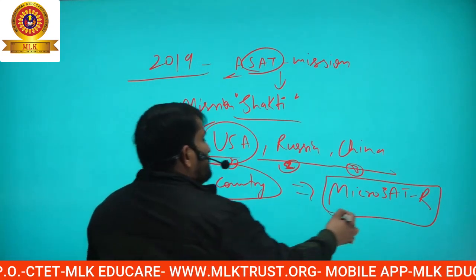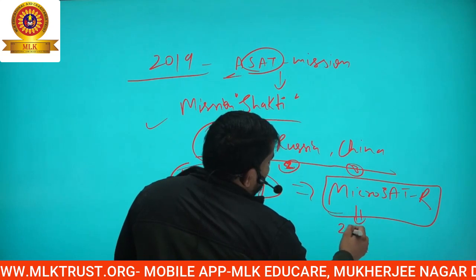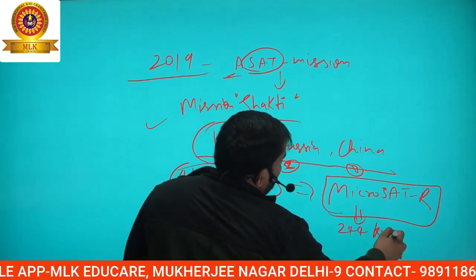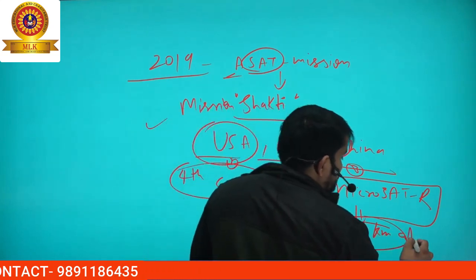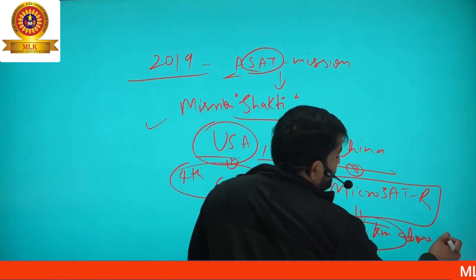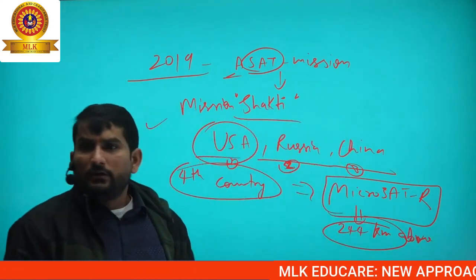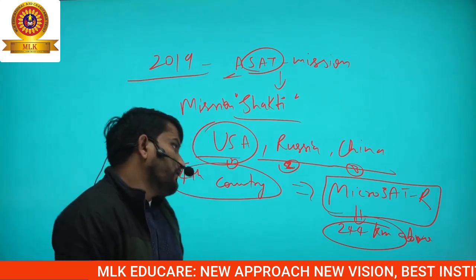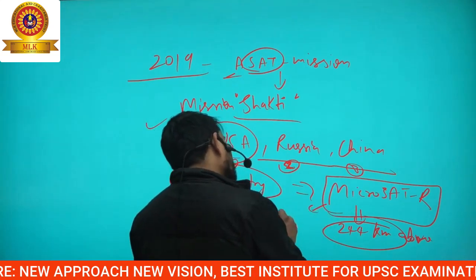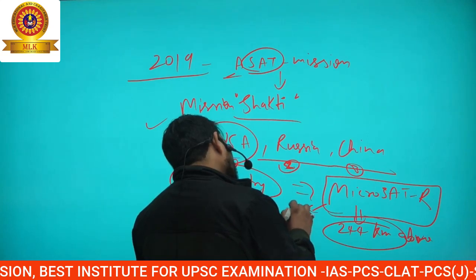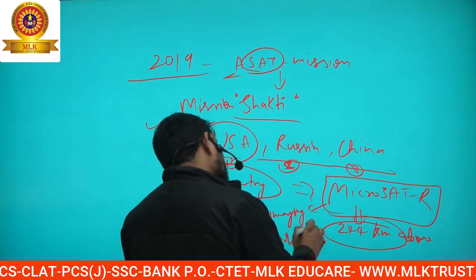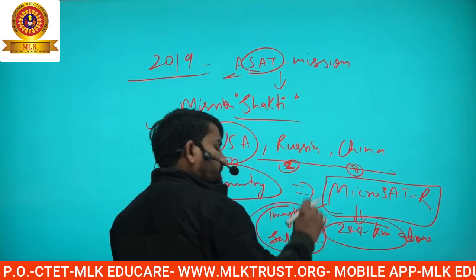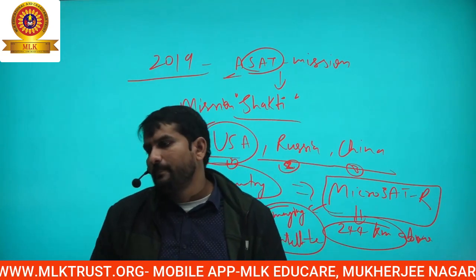How much? 274 kilometres above the Earth's surface. And it was a kind of imaging satellite. So I said this is a remote sensing satellite, it actually provided images.